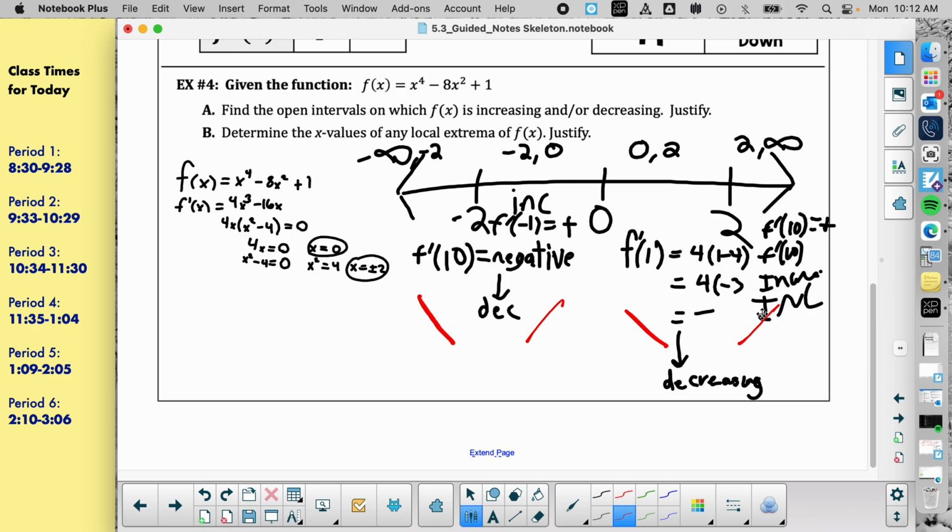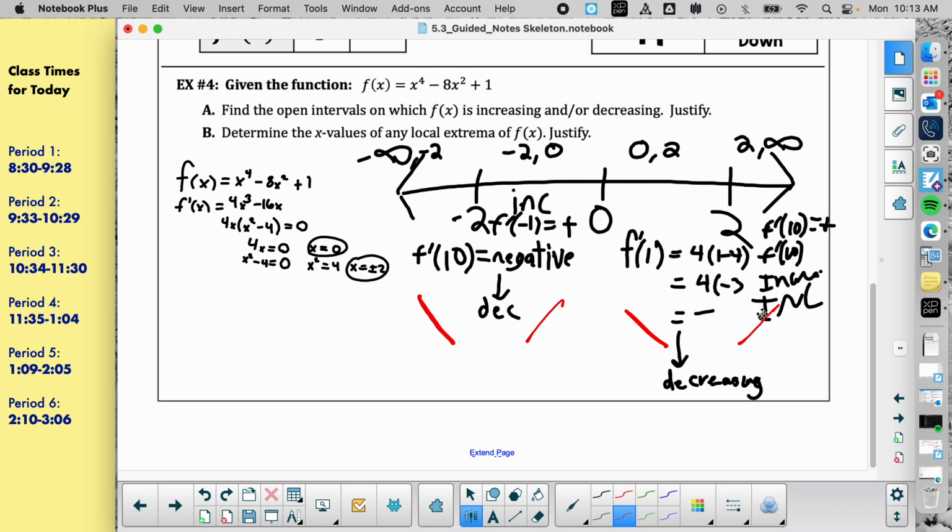So, Sahi, any kind of critical, any kind of relative maxes or mins. So what do we have? It's going from decreasing to increasing, so at x equals -2 is a relative min.